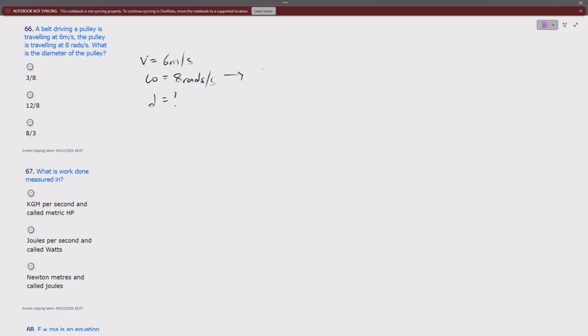So we know linear velocity equals angular velocity times the radius. So you have 6 equals 8r. r equals 6/8. That is going to give you the radius.